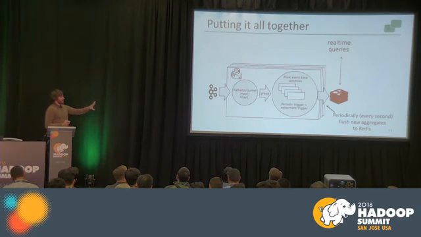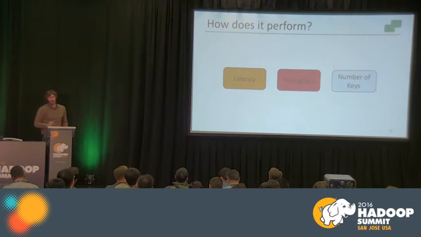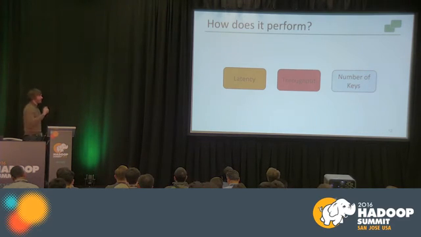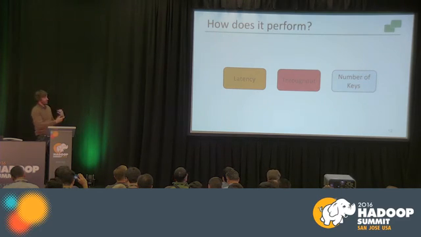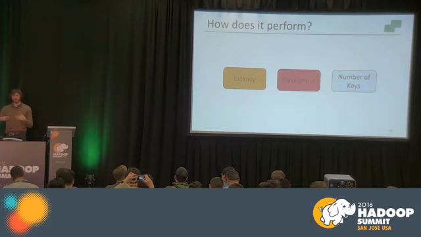So given this example, let's actually look at how it performs. For performance, I think there are three very interesting dimensions to look into. What kind of latency do you get out of that architecture or of that job and that implementation? What kind of throughput can you get out of it? And how can you scale it to a large number of keys?